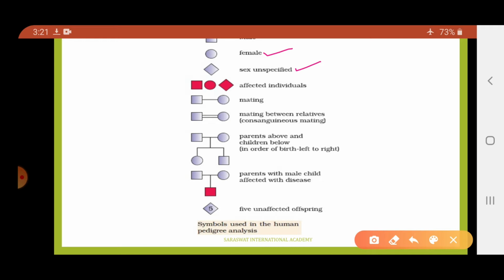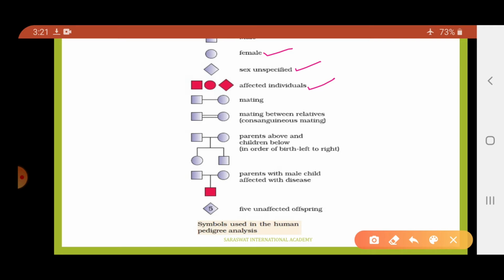Now, if the individuals are affected, then they will be shown by shaded figures. A shaded square represents an affected male. If it is a shaded circle, it represents the affected female.